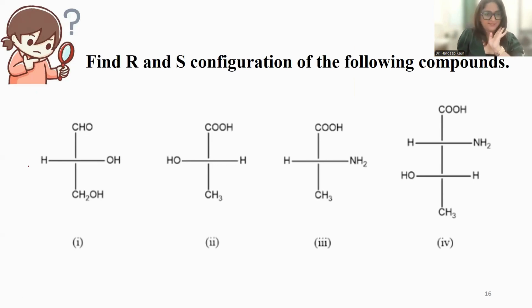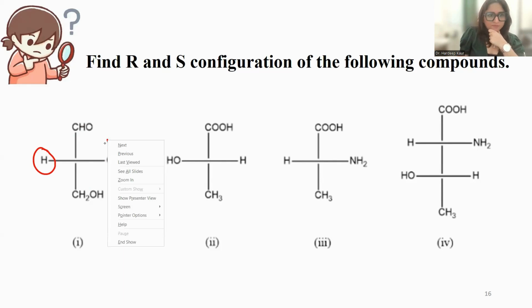In this first question, you have to check first where is the lowest priority group. It is on the left side, but it should be on the top or the bottom. So, okay, suppose I give the priority 1, 2, 3, and 4.